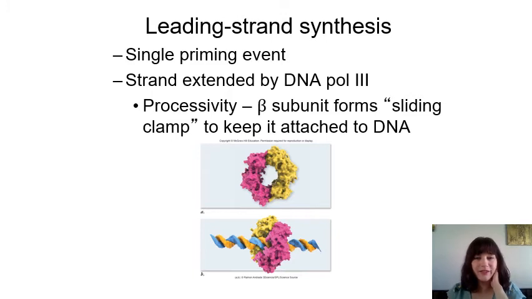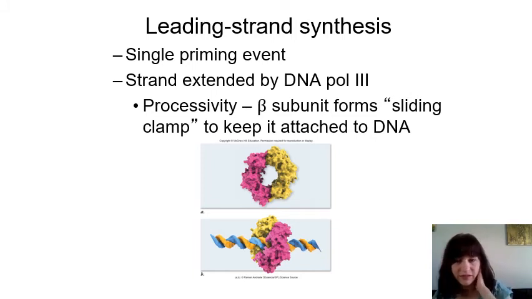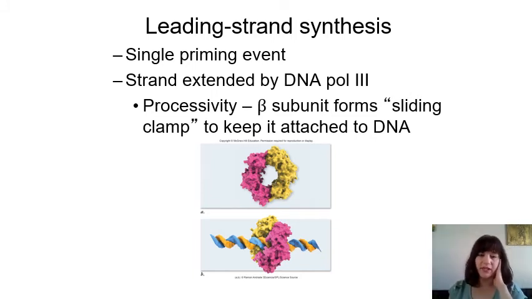All right, so some other details. We have an enzyme called DNA polymerase 3, right? This is the enzyme that we talked about that is doing the synthesis. We have a part of it, a subunit, that is called the sliding clamp.